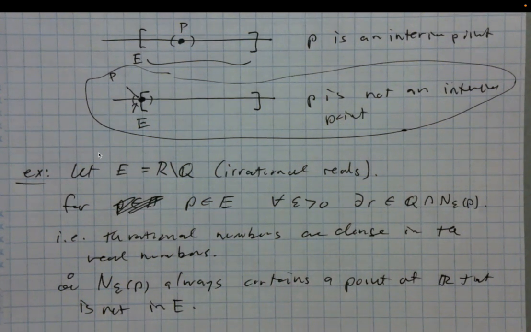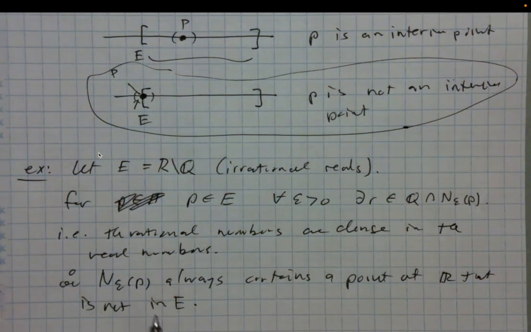So if P is in E, then it's irrational, right? And we know by this previous statement that any epsilon neighborhood of an irrational number will contain a rational number. So if P is an irrational number, then any epsilon neighborhood of P is going to contain a rational number.